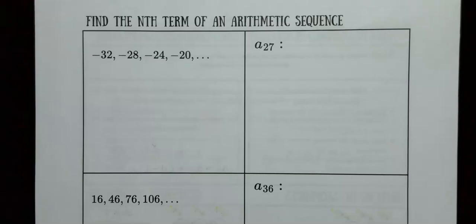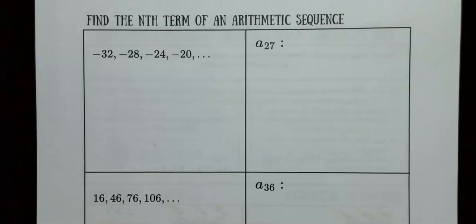I just want to remind you, in order for us to determine whether something is arithmetic or not, it has to have the same number that's being added or subtracted. So we're not trying to multiply these numbers or divide them. We're trying to find the number that gets us from one term to another, and it has to be the same number every single time for it to be arithmetic.